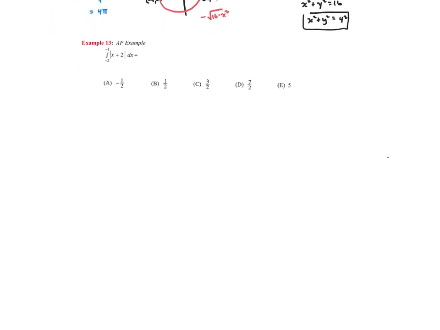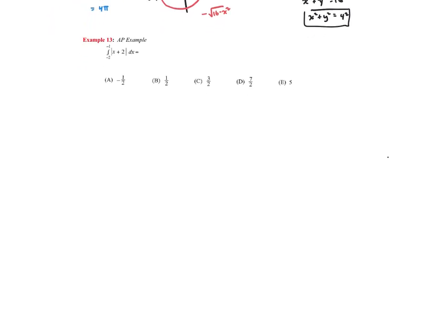Okay, 13. Longer set of notes here, guys. Apologize for that. Actually, I don't at all, because this is good stuff. But I'm going to graph the absolute value of x plus 2 from -2 to -1. So imagine the absolute value of x plus 2. That's an absolute value function that's been shifted left 2 units.